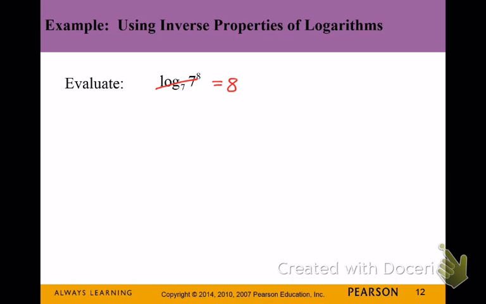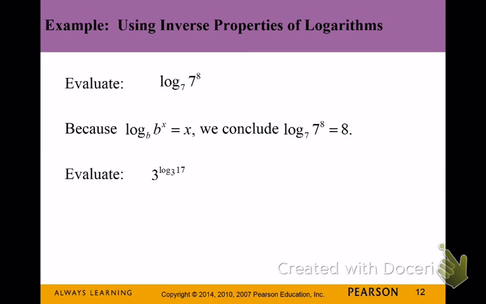That's something I want you to be able to do at the drop of a hat. What about this one? What is 3 to the power of log base 3 of 17? Beautiful, 17. Good. And again, the 3 cancels out with the log base 3 in order to get that 17.